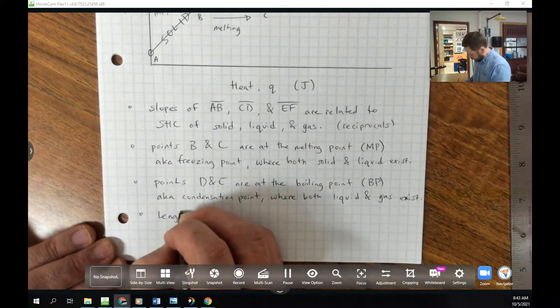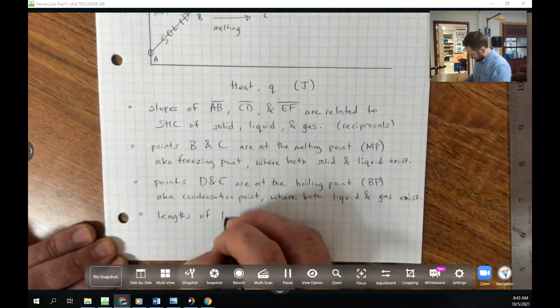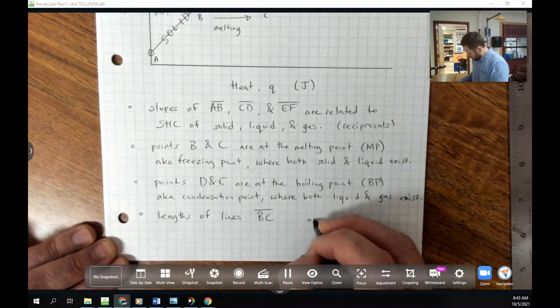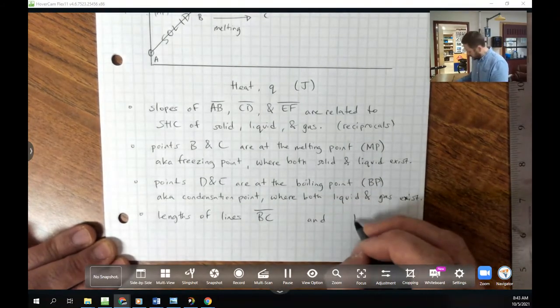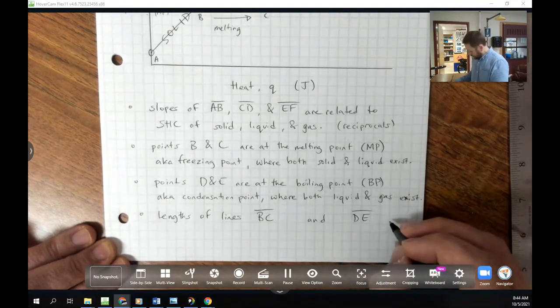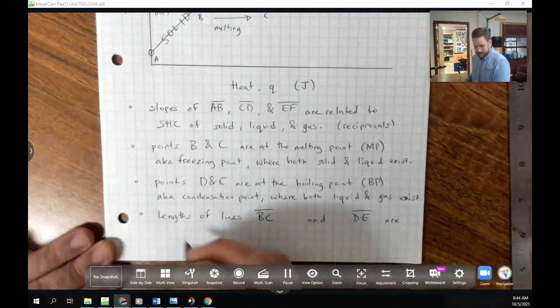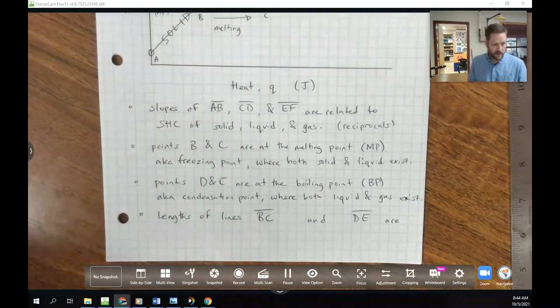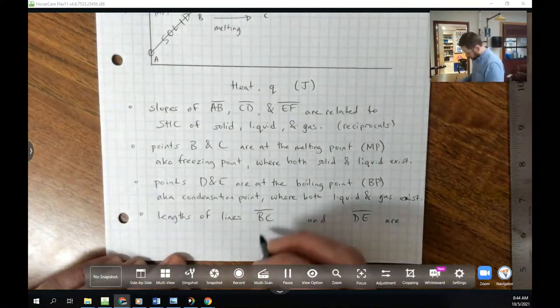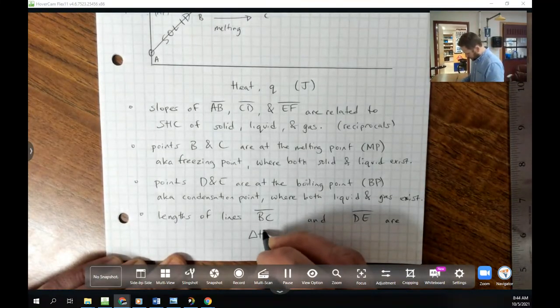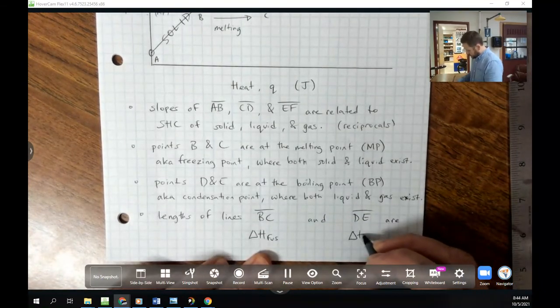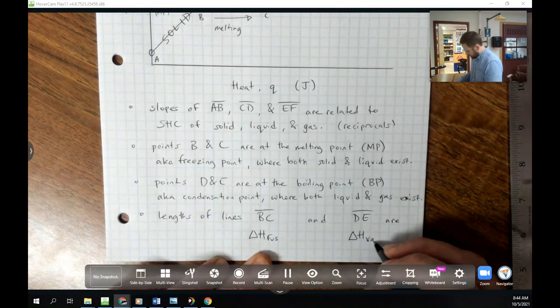I'm going to write: lengths of lines BC and DE, and then I'm going to start a new line, are the heat of fusion and heat of vaporization, or correspond to the heat of fusion, which we're going to label delta H FUS, and heat of vaporization, delta H VAP.